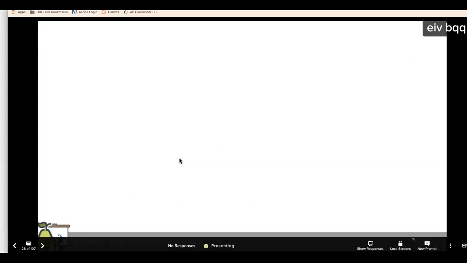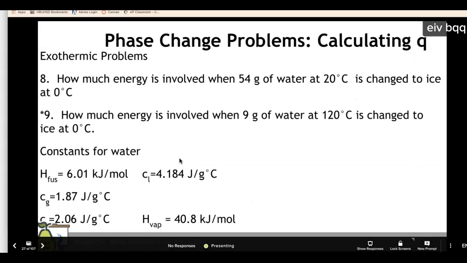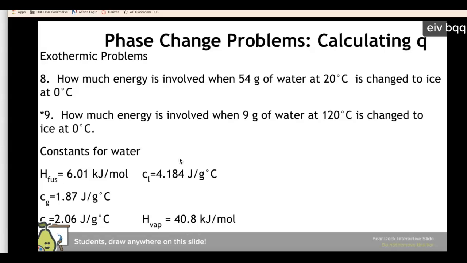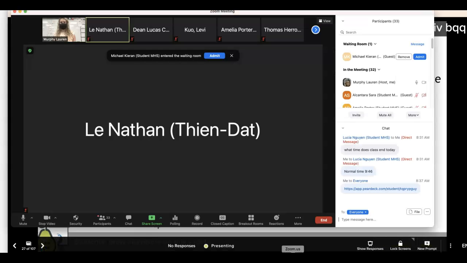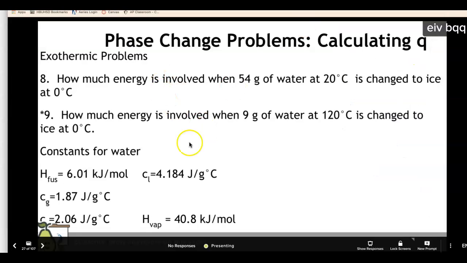Okay. So now that we have done endothermic problems, we're going to do a practice with 2 exothermic problems. The thing, and I had mentioned this last time, is that we're going to use the same equations. They're just going to come out a little bit different. So we have this question.